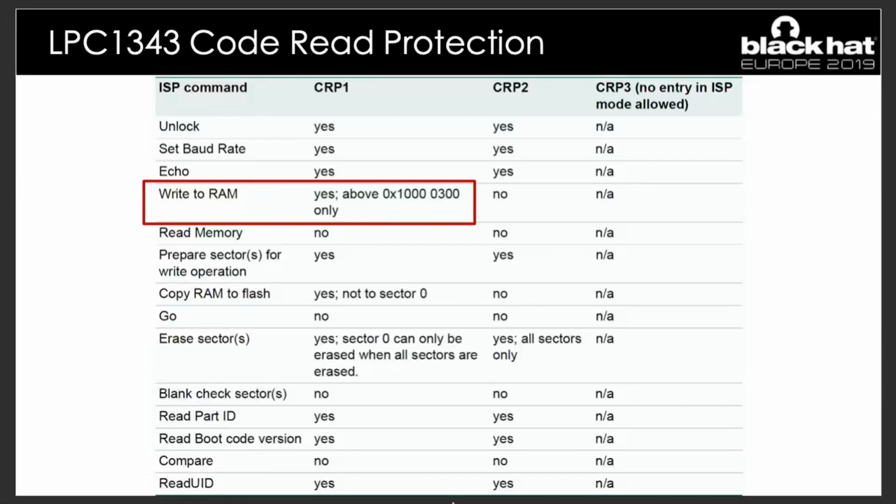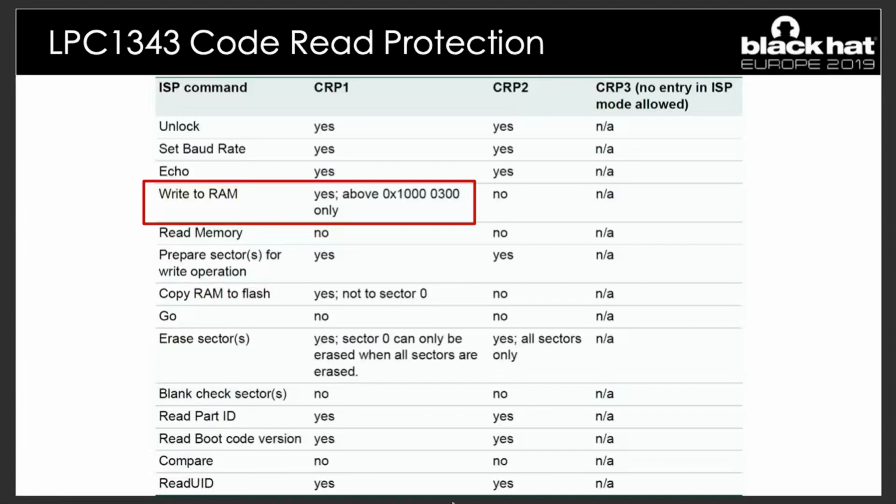The interesting thing, unlike the STM32, the LPC1343 still allows the write to RAM command, even when CRP level 1 is enabled, but with some restrictions. It's not allowed to write to addresses less than 300 inside the RAM. Why? Because as we saw in the previous slide, the code protection value gets loaded in address 184 inside the RAM.